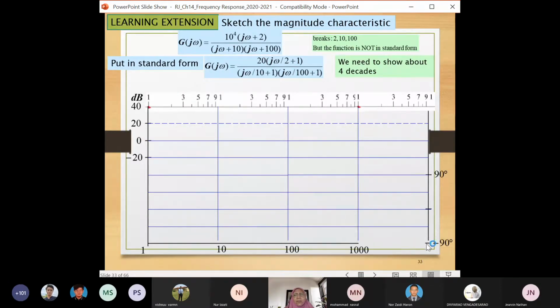Here will be 10,000. And the span is from negative 20 to 40 dB. Okay, the 20 is from the K value, the constant. And 20 log 20 will give you 26 dB.